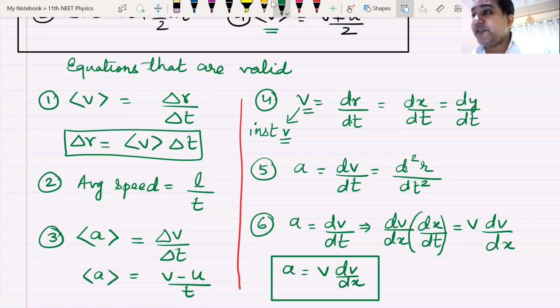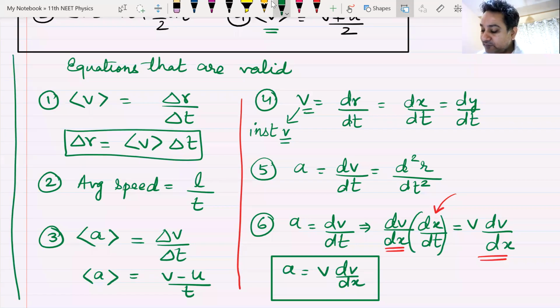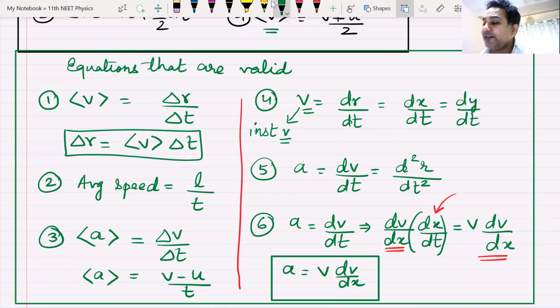I have multiplied and divided by dx, and that is how I arrived at this result. Anyone has any doubts on this? Please raise your doubts now.